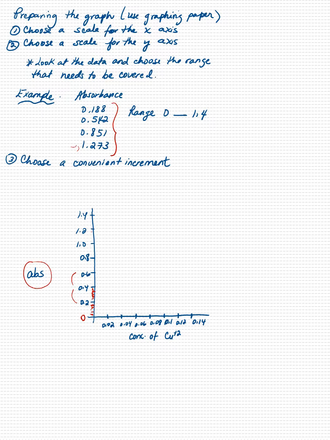So now you can prepare the graph with your numbers, and you have your own numbers. You have your graph, the scales for the y-axis, the scale for the x-axis, and you need to label the graph.